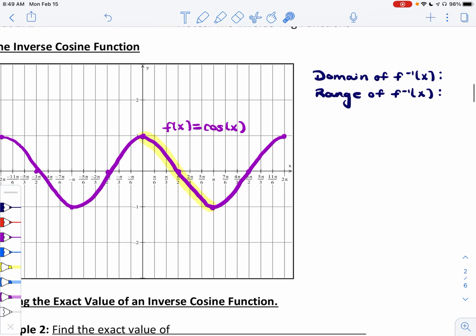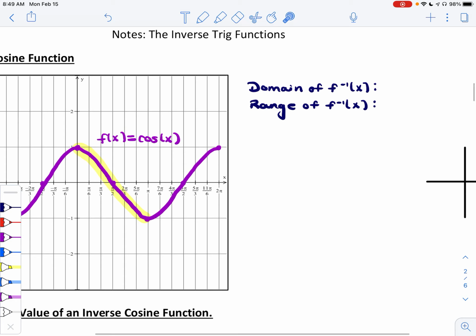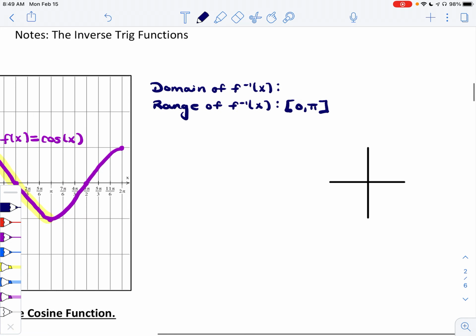Now if we think about the inverse then, remember the inverse function switches the domain and range. So we're saying here that the domain of cosine is going to be between 0 and pi, so that will be the range of the inverse cosine. So the range of the inverse cosine is going to be an angle between 0 and pi.